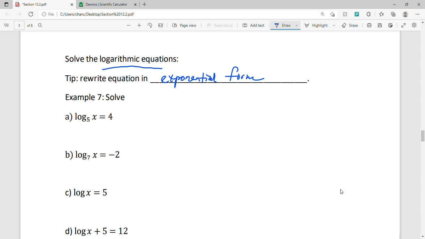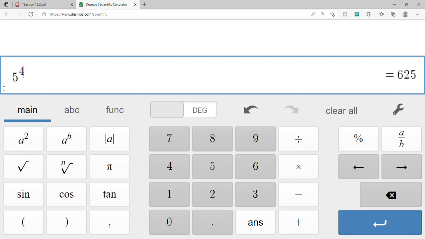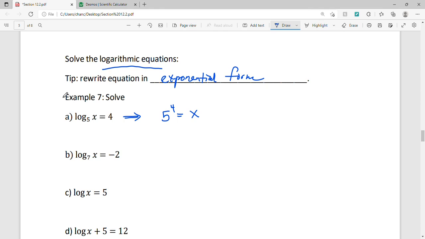Let's look at part A. We'll rewrite this into exponential form first. This is written as 5 raised to the 4th is equal to x. And we could evaluate 5 to the 4th. 5 raised to the 4th is 625. And so, x is equal to 625.